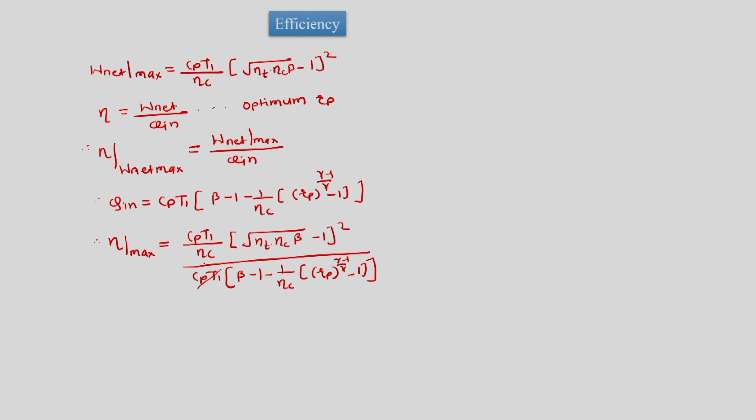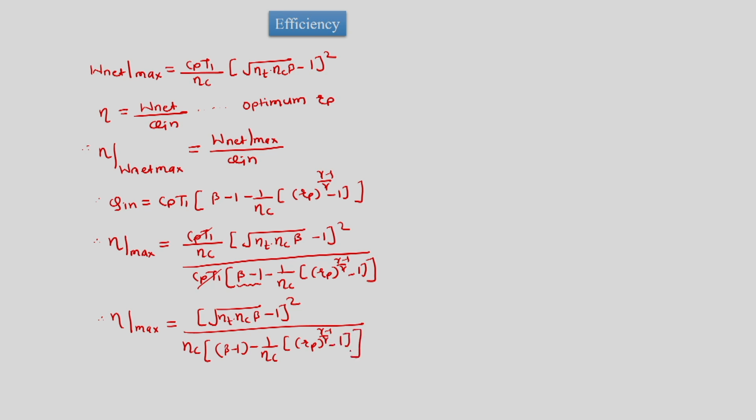So Cpt1 gets cancelled. So eta corresponding to maximum net work condition is square root of eta T eta C beta minus 1 bracket square divided by, as this eta C will come over here, beta minus 1 minus 1 upon eta C into Rp raised to gamma minus 1 upon gamma minus 1.